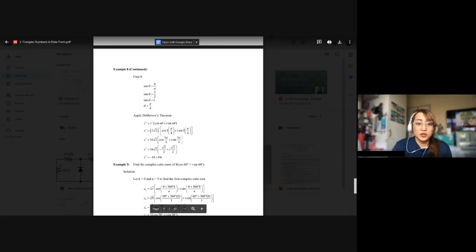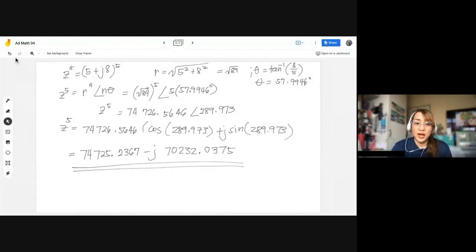Okay? So, I hope it's clear for the exponent n. Because if that is the nth root, it will be different.